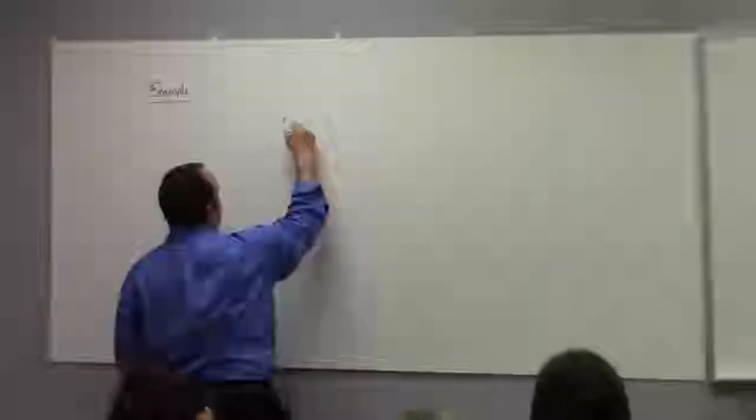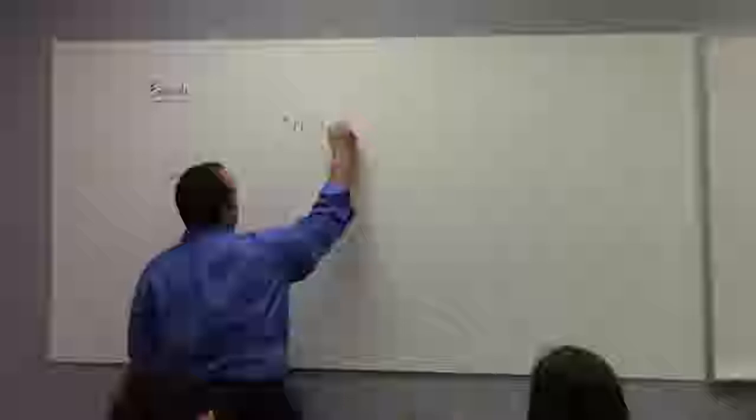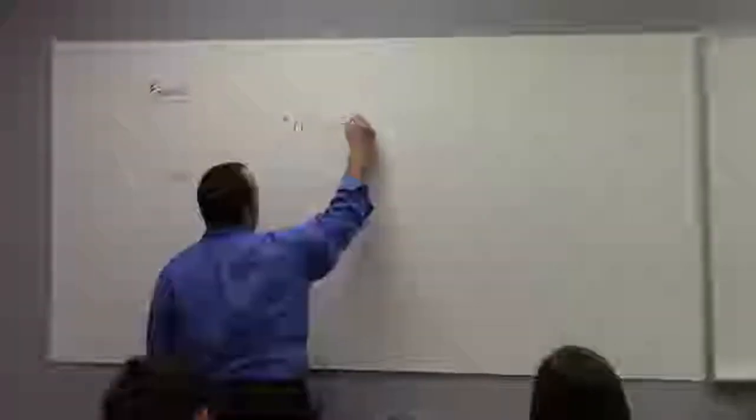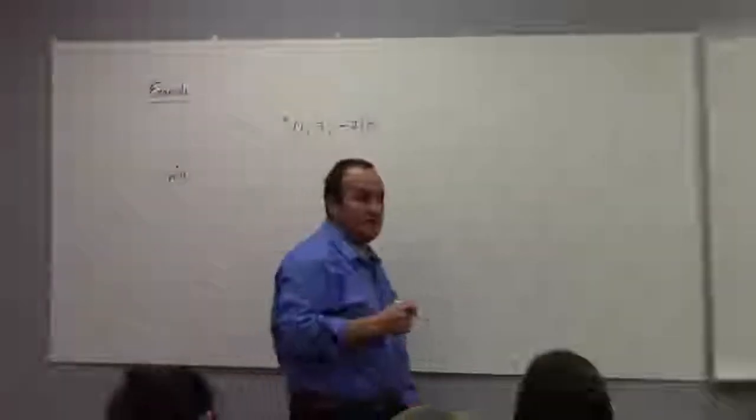So suppose we have a pivot point here, and then over here at the point 1, 3, and minus 2 in meters. Suppose at that point we apply a force.